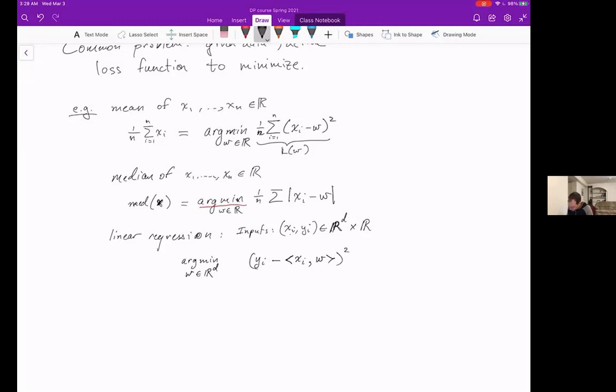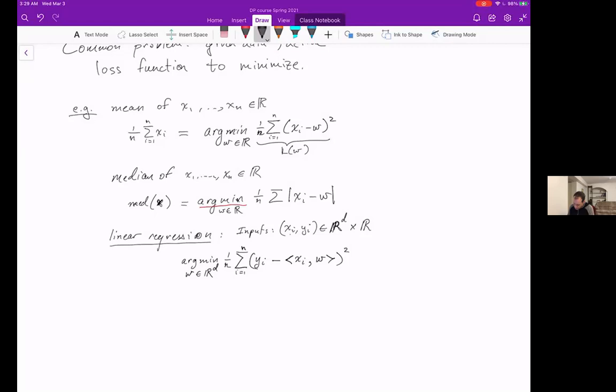A typical way to set this up is to minimize the sum of these squared errors. So again, the regression coefficients output by typical ordinary least squares linear regression are the coefficients of the vector w, whose inner product with the xi's is as close in this sense as possible to the yi's.